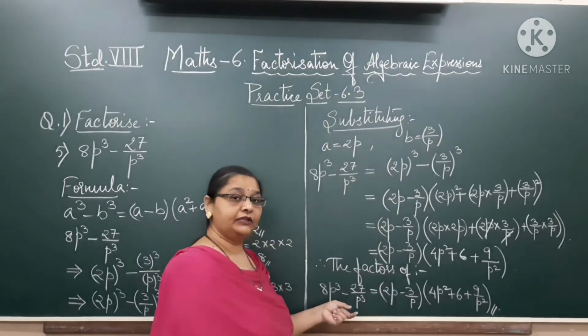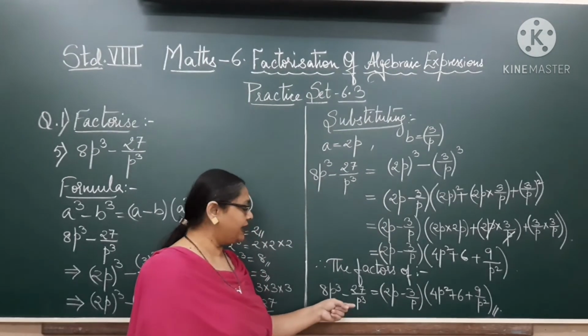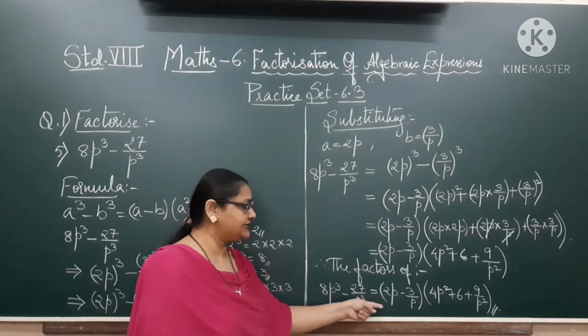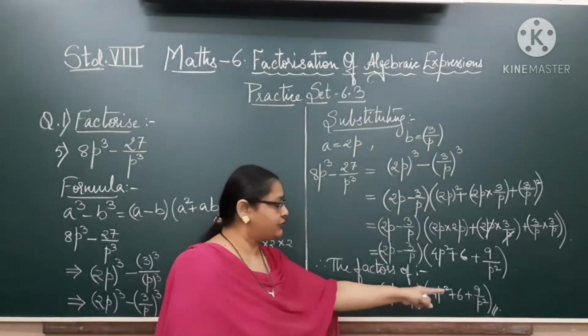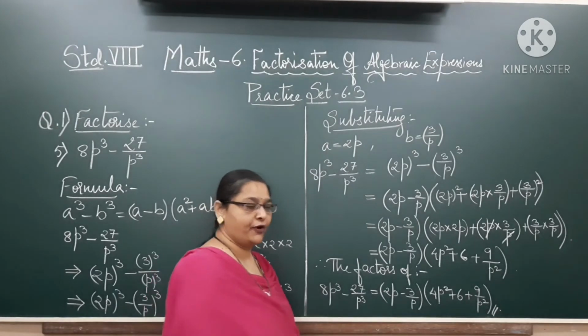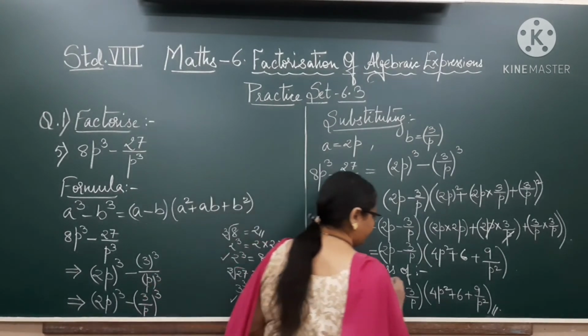So I have got the factors of (8p³ − 27)/p³ as (2p − 3)/p and 4p squared plus 6 plus 9 upon p squared.